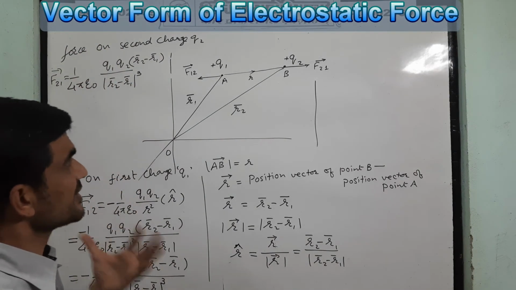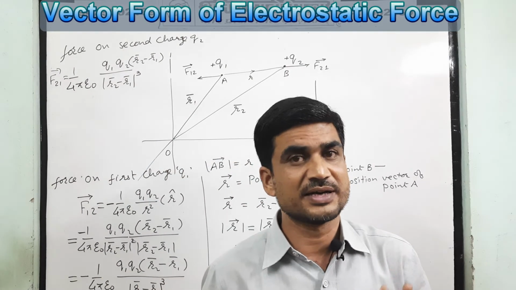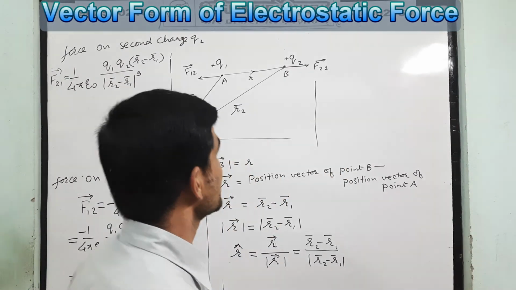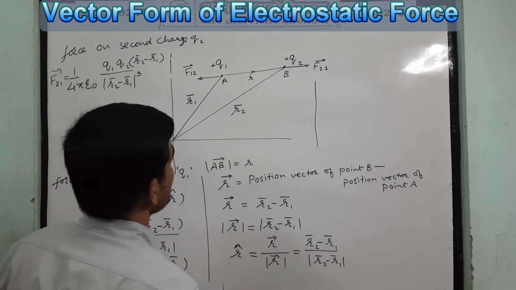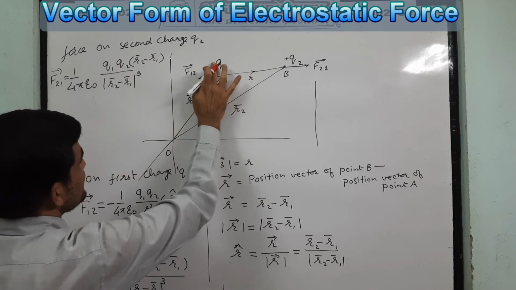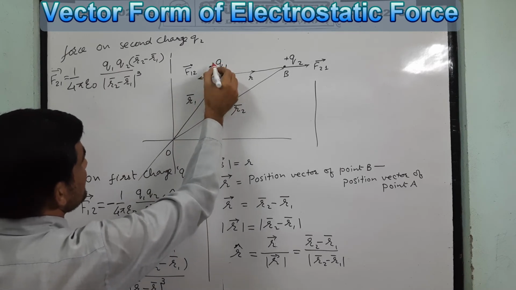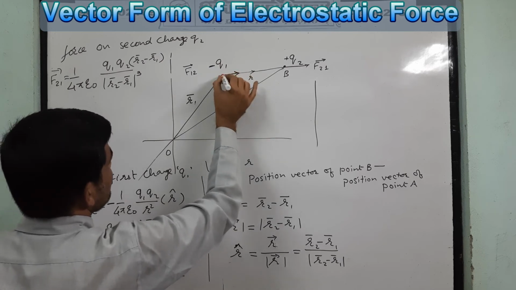So if one of them is negative, suppose, in this formula it can be applied directly. So you know, if one is positive, one is negative, they attract each other. So in that case, what will happen? If one of them is negative, suppose this one is negative, they will attract each other and the direction of force will be like this.